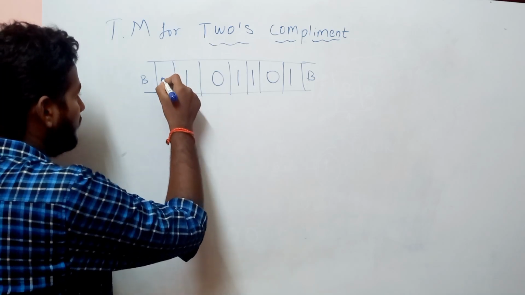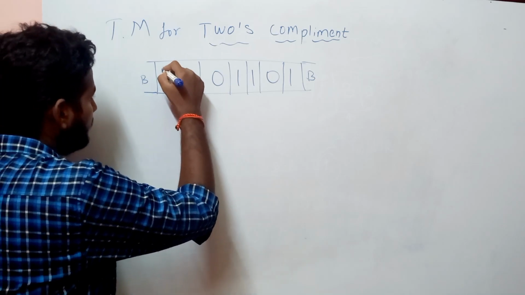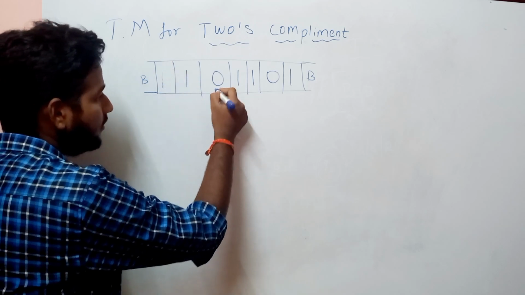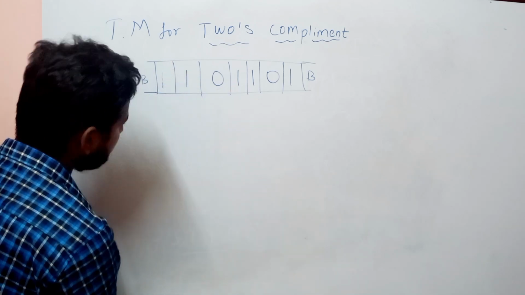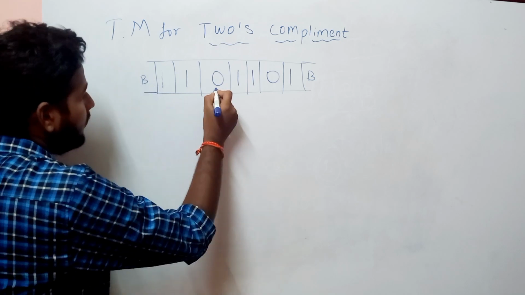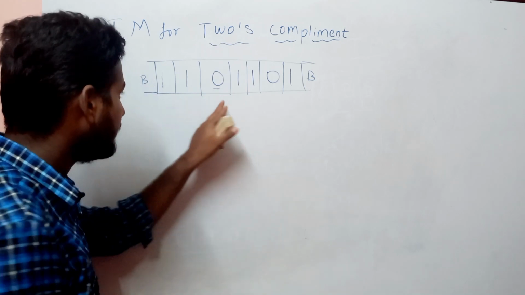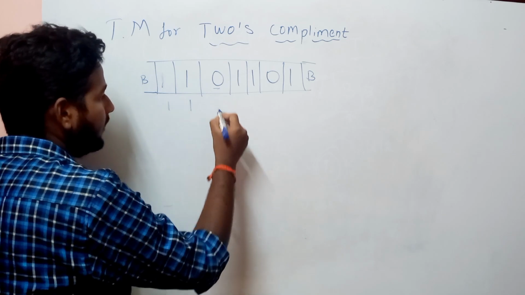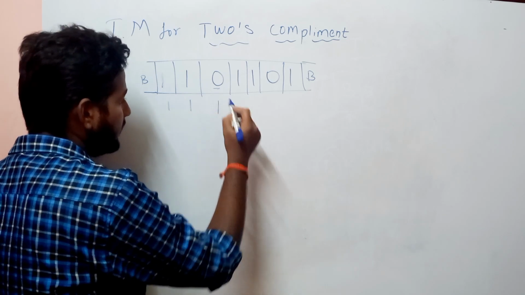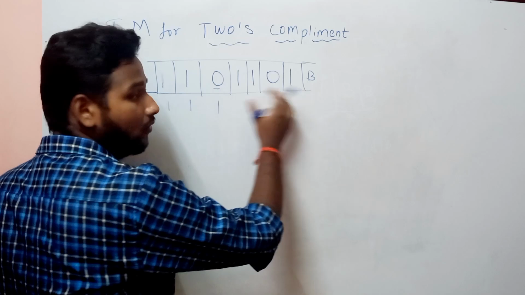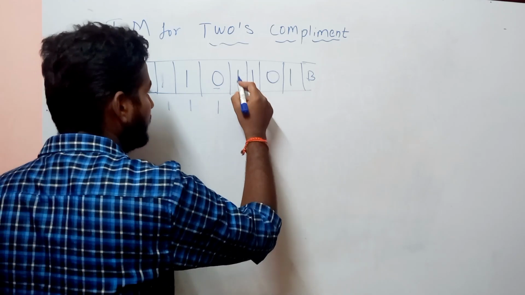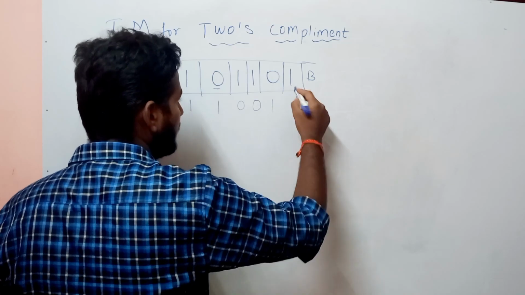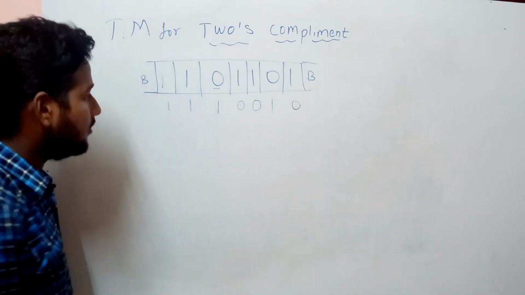First, until we get the first 0, these ones can be represented as ones. After we get the 0, this 0 can be represented as 1. To this whole remaining part we apply ones complement: 1 represented as 0, 1 represented as 0, 0 represented as 1, 1 represented as 0.